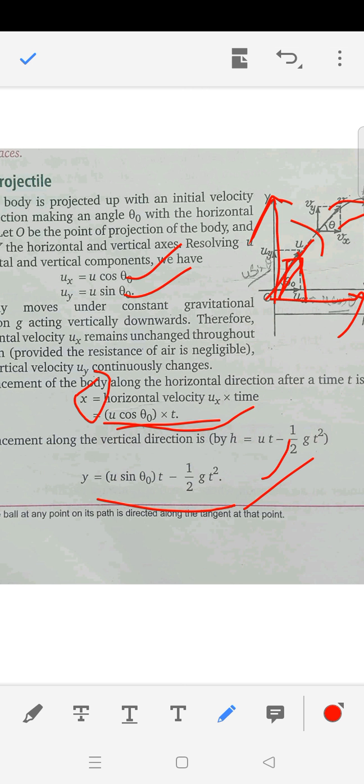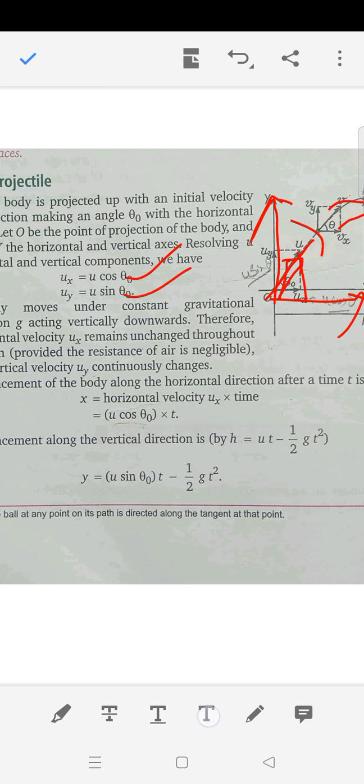Here we have to apply the formula s equal to ut plus half at square. Along the y-axis the initial velocity is u sin theta, so y equals u sin theta into t minus half g t square. Now in place of t we put x by u cos theta.